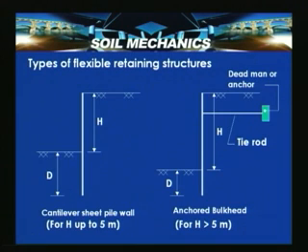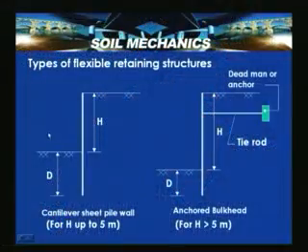From here onwards we are trying to look into different types of flexible retaining structures, how these can be analyzed, and what the salient aspects in the design are. Basically there are two types: one is the cantilever sheet pile wall and the other is called the anchored sheet pile wall or anchored bulkhead.